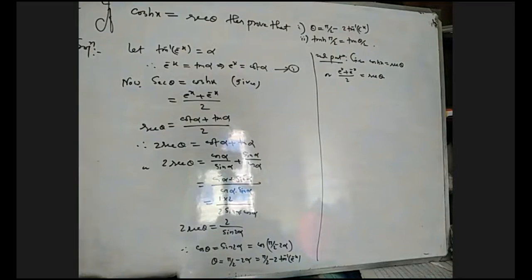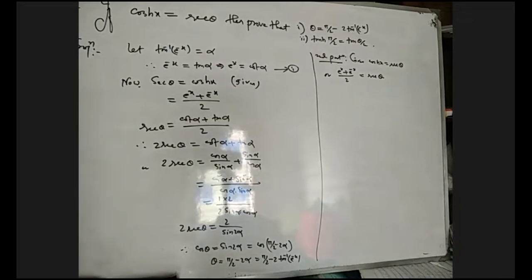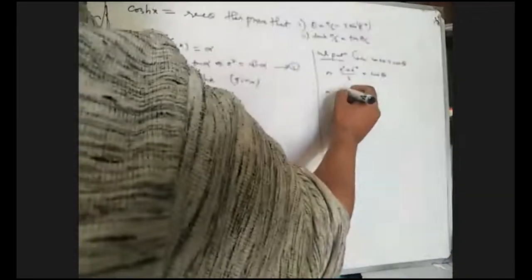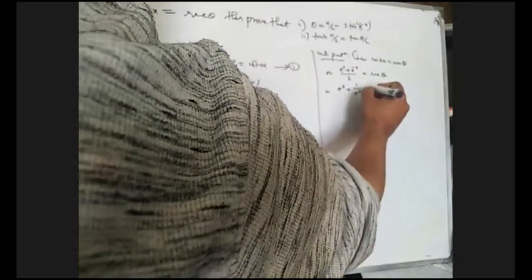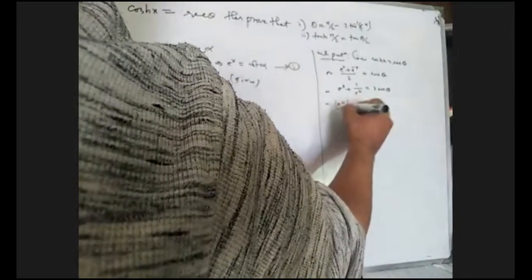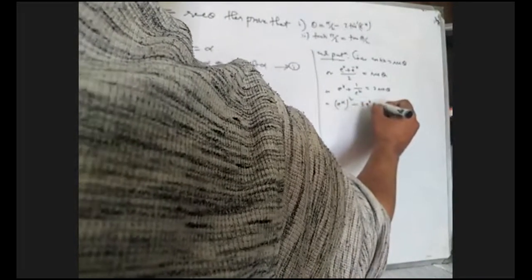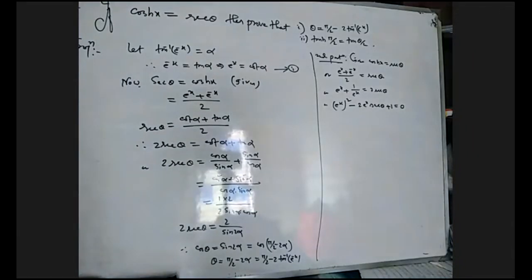By cross multiplication, this can be written as e to the power x plus 1 by e to the power x equals twice sec theta. So e to the power x whole square minus twice e to the power x sec theta plus 1 equals 0. This is a quadratic in e to the power x.